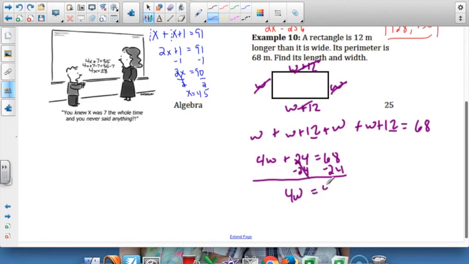Over here I've got 44, and now I'm going to divide by 4, and I get W equals 11. So my width is 11, but I still need my length. So to find the length, well, I know that length is the width plus 12, and I know the width is 11 now. So that means my length is 23.